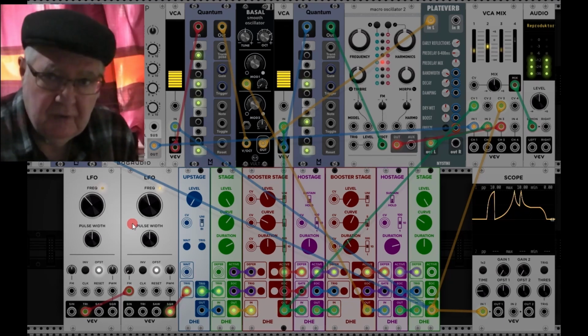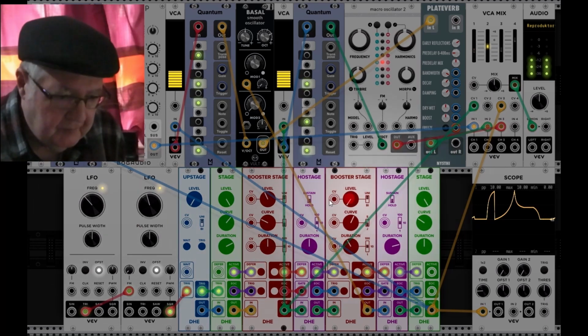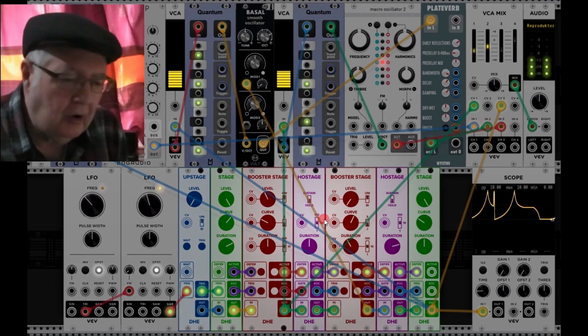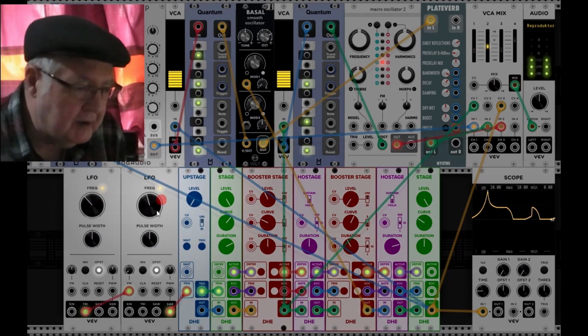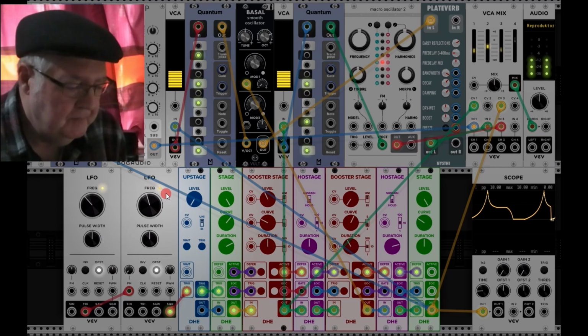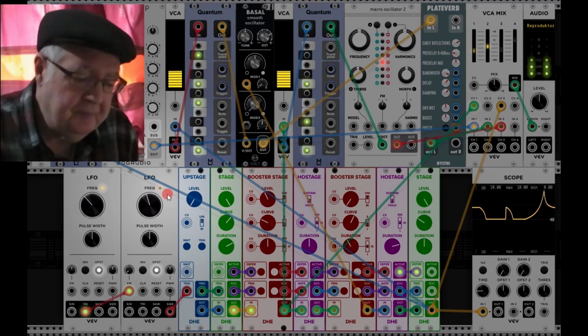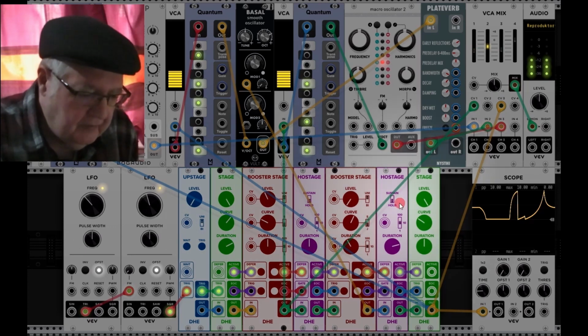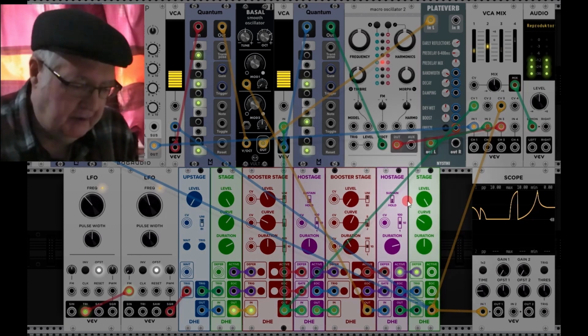Sometimes, even most of the time here, the envelope doesn't have a chance to complete all of its 6 stages before the next trigger impulse from the LFO arrives, and sometimes the LFO slows down enough for all 6 envelope stages to be finished, and so on and so on.